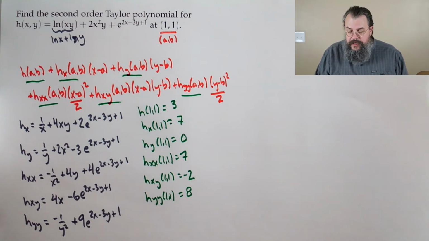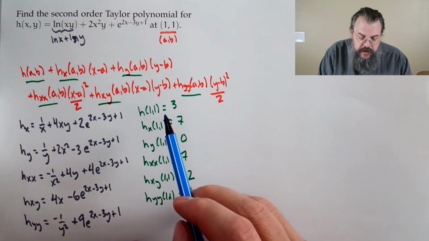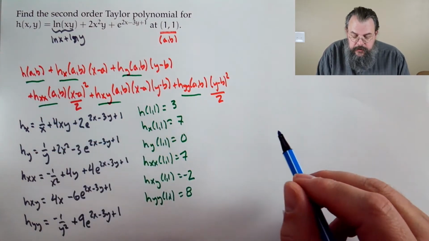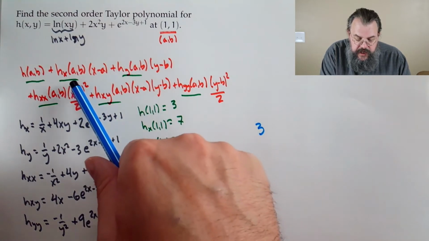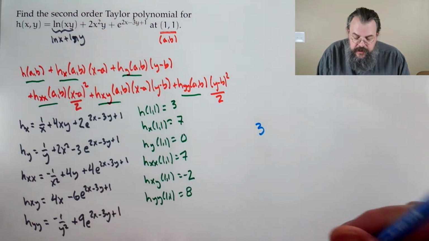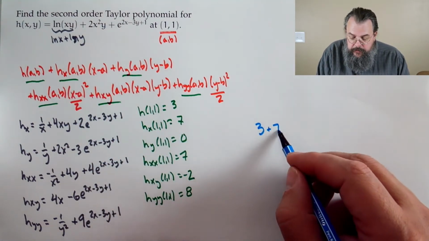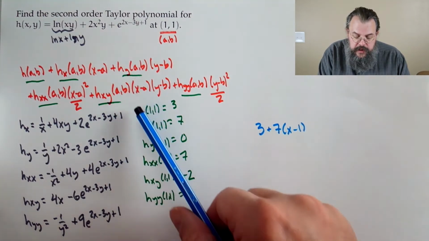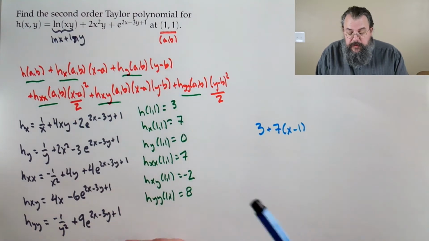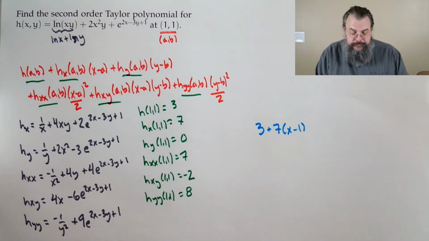So we get the following. Our answer will be h of (1, 1), which is 3, plus h_x at (1, 1), which is 7, times x minus 1, plus h_y at (1, 1), which is 0, times y minus b. Well, we don't write that down because it's the 0.